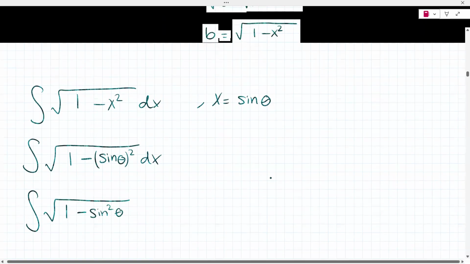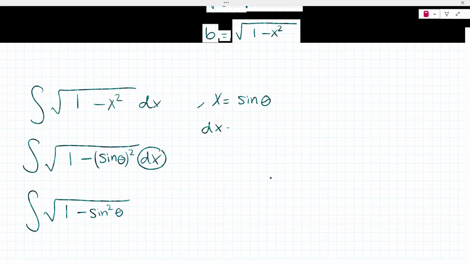Wait, what about this dx? We don't have it. We have x equals sine theta. So our dx is the derivative of this. What's the derivative of sine? Cosine theta, and now we're in d theta, right? So you're going to replace this dx with cosine theta d theta.